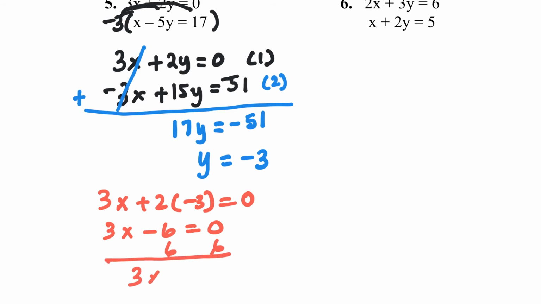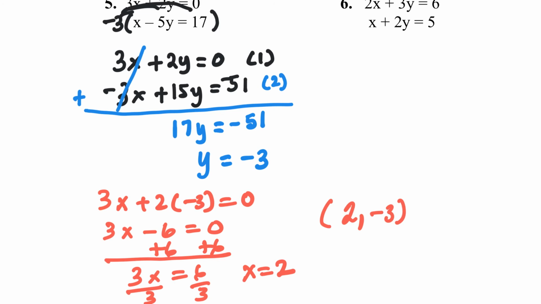So you have 3x equals 6, divided by 3. x equals 2. Therefore, the solution will be 2 comma negative 3. And if I can go back over here, we're dividing by 17.